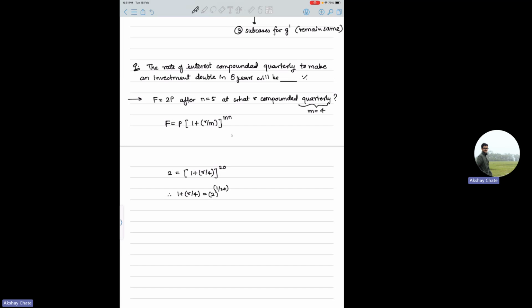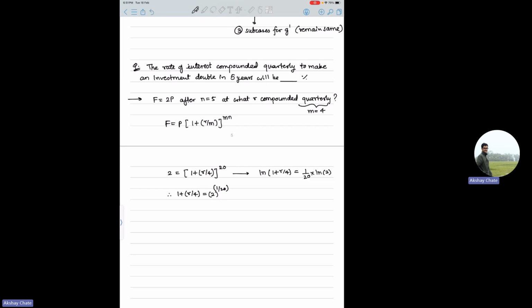Now for this you have to use a calculator, or otherwise you can take log on both sides, which is also one way to solve. It will be ln of 1 plus r by 4 equals 1 by 20 into ln 2. Whichever calculator you have with you, it is easier to remember ln 2 because it is a standard value.